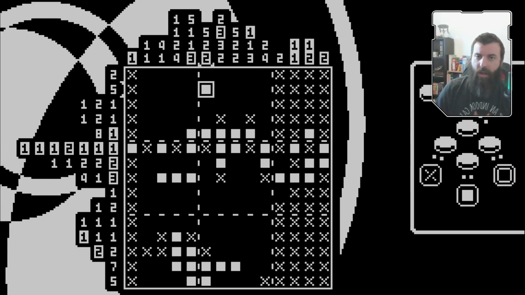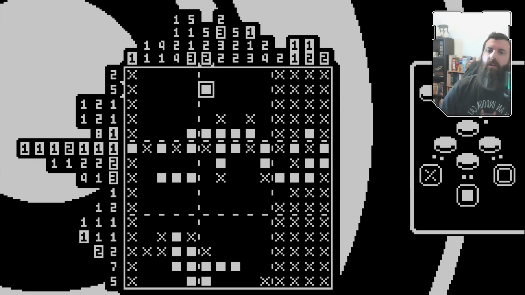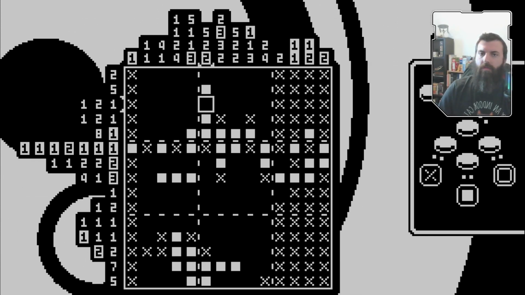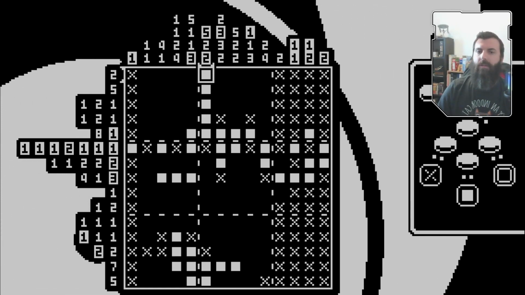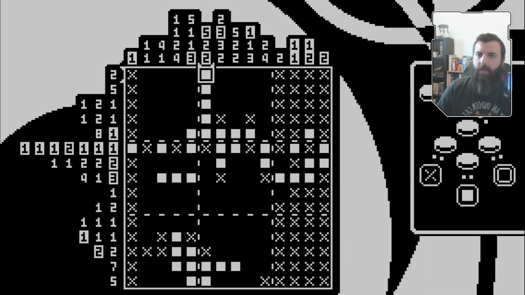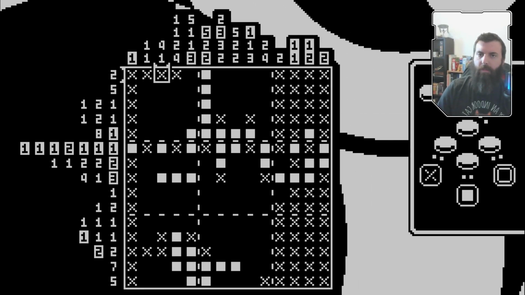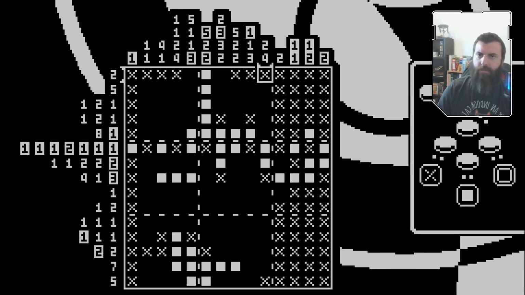Horizontal 5 is gonna have to fill in this pixel. And really we knew that that pixel was gonna have to be filled in because the 5 here is gonna have to fill all of that in. That lets us narrow down the possibility space for this horizontal 2.